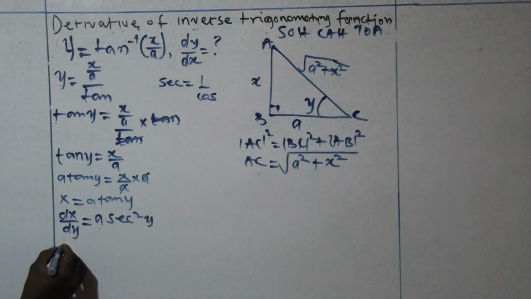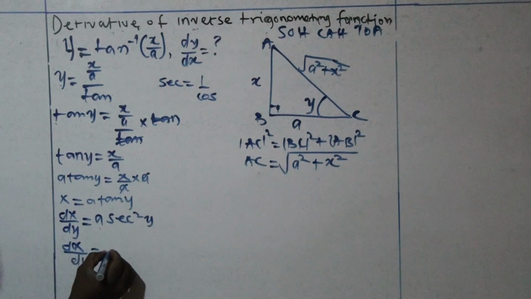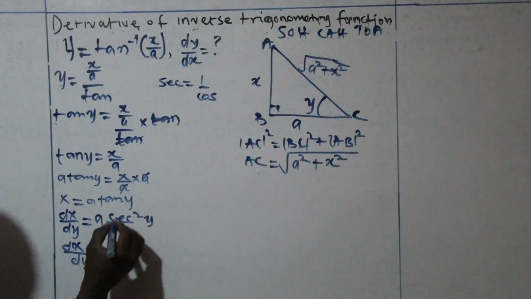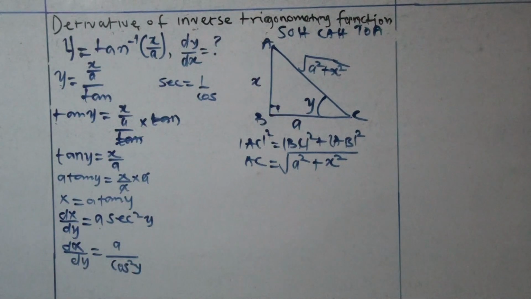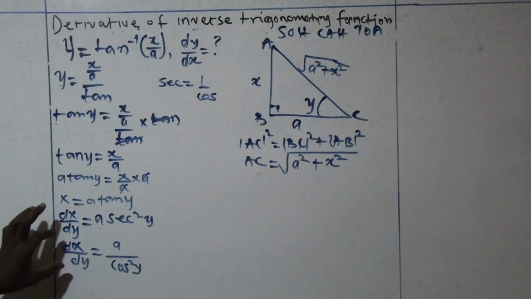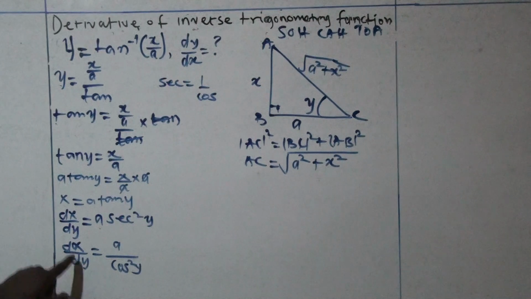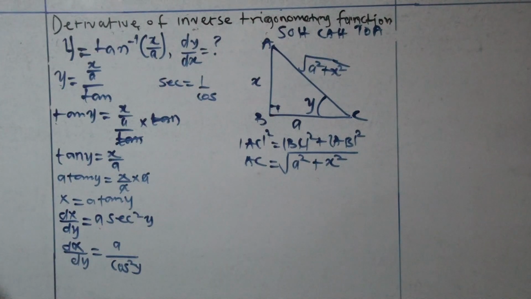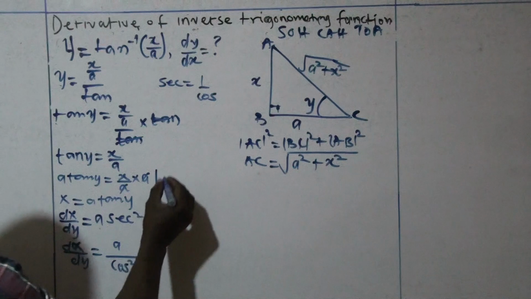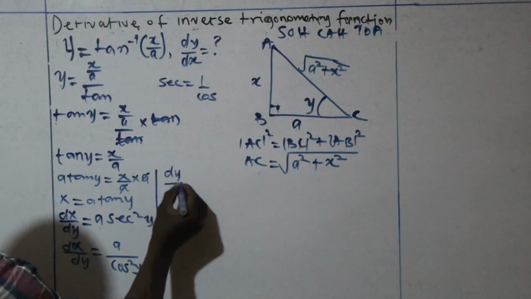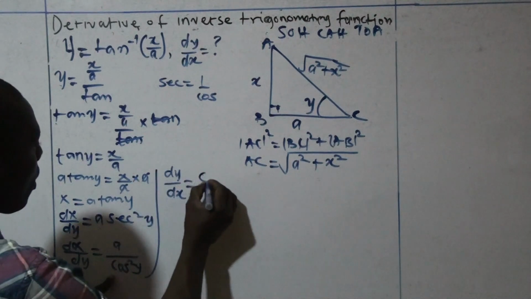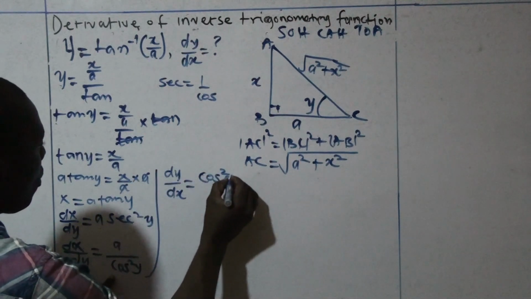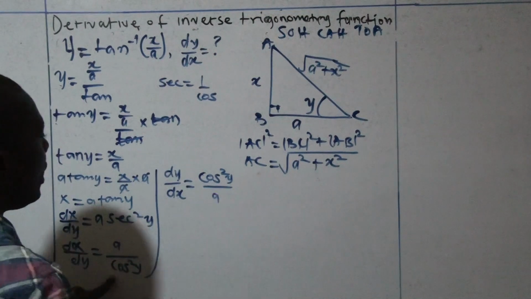So here we can say dx over dy is equal to a divided by cos squared y. Because we are looking for dy dx, this becomes dy over dx. We're going to invert this. This becomes cos squared y divided by a.